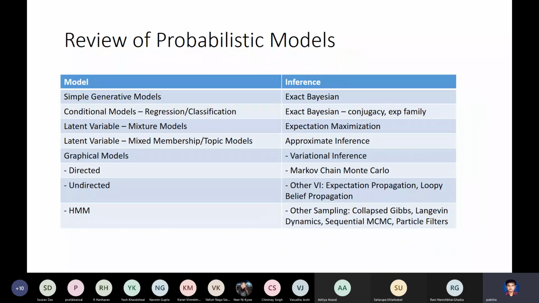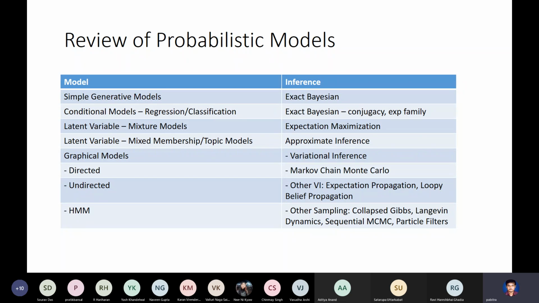Then we studied latent variable models, which can be either generative or discriminative. In a latent variable model, in addition to some observed and unobserved variables, you have a set of hypothetical variables which are unobserved, but they influence the other variables of the model.